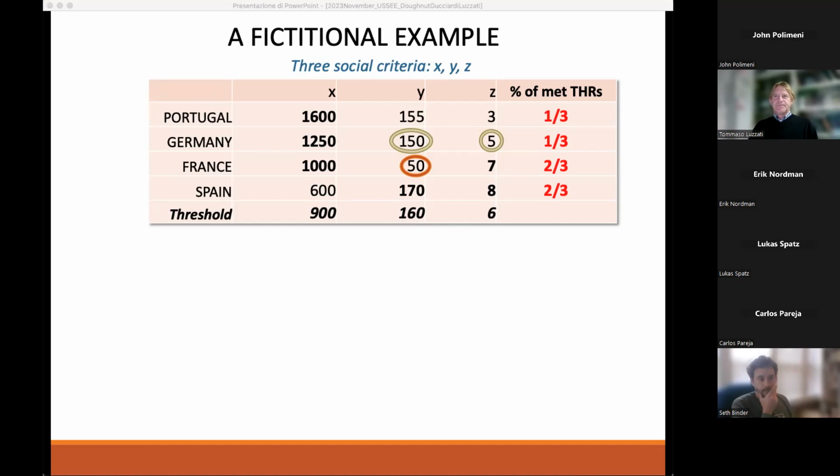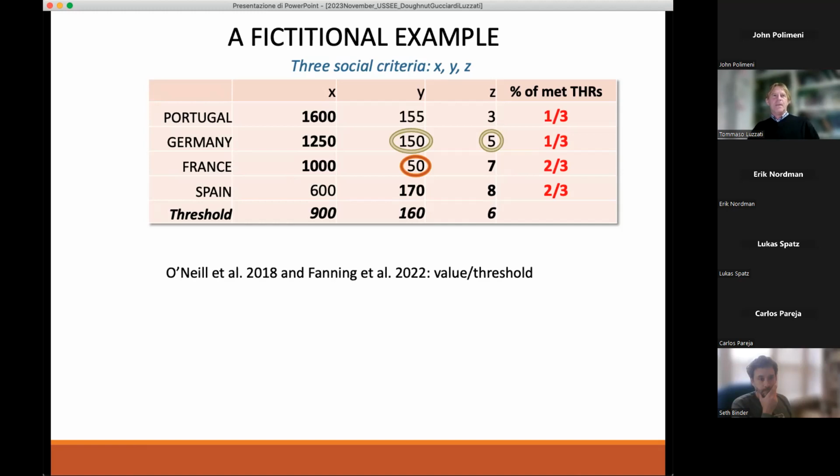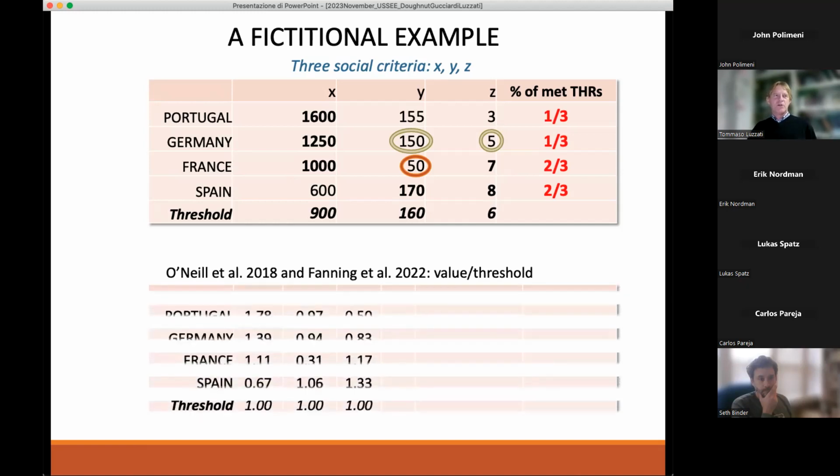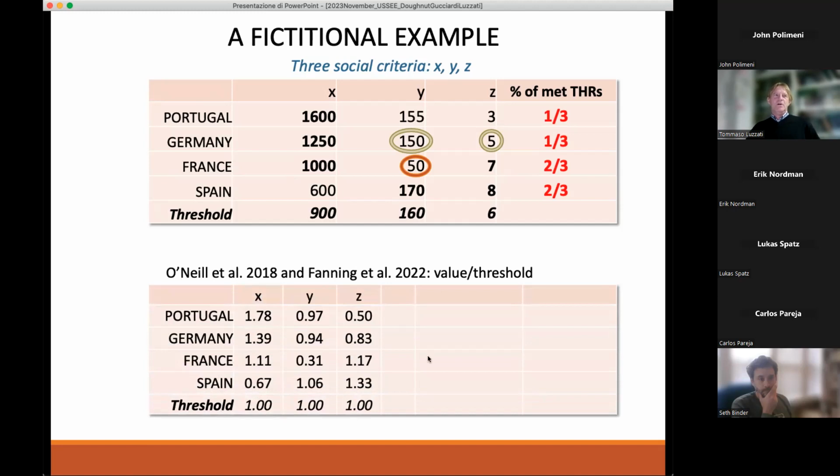And those are two references. What do O'Neill and colleagues and Fanning and colleagues do in these two papers?